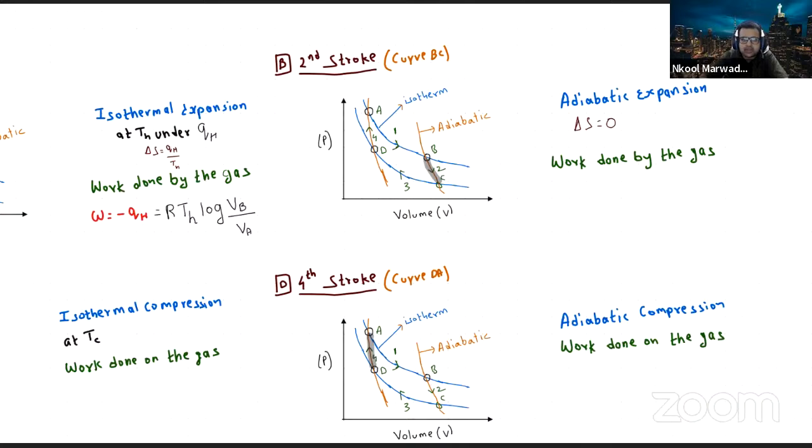So in this adiabatic expansion, the work done by the gas will be negative, and I will call it W2.